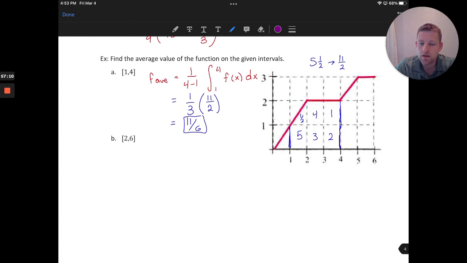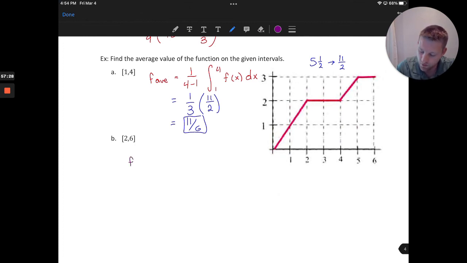All right, we can take a look at the second interval here to finish up, and I'll leave some of these values on because they'll be helpful for us. In this second one, we will consider the interval from 2 to 6.